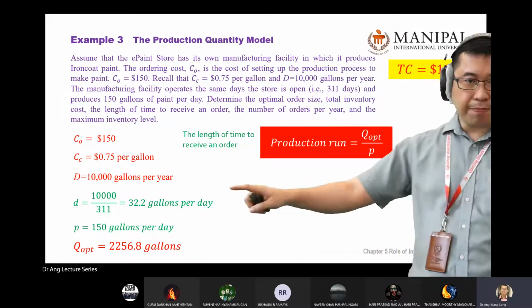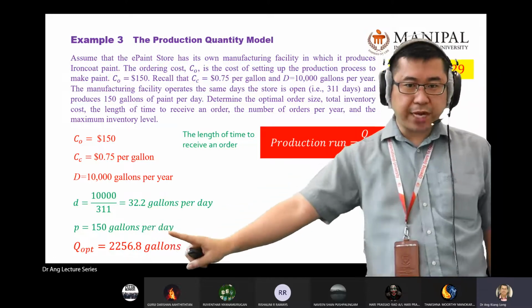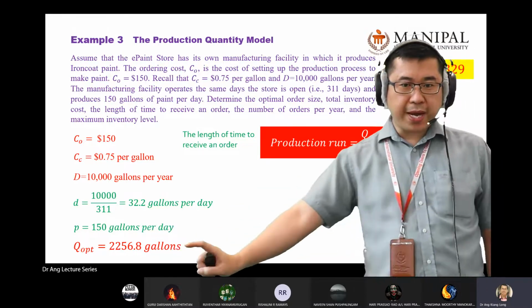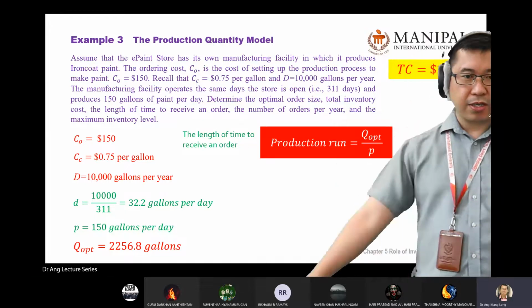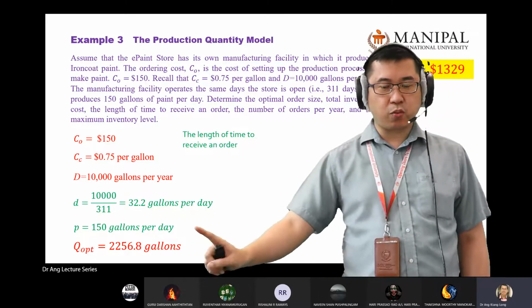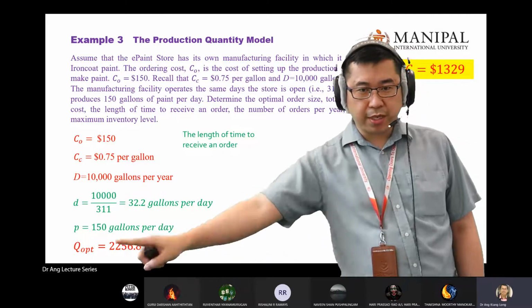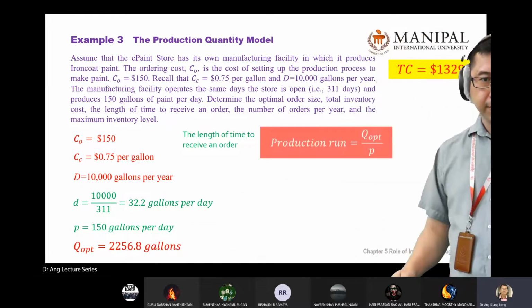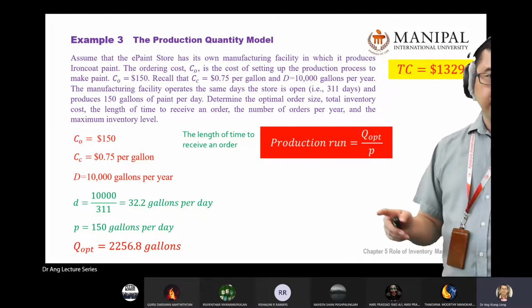The production per day is 152 gallon per day. So to match up this quantity, you calculate how many days you need to wait until you meet the Q op. This is your production run.